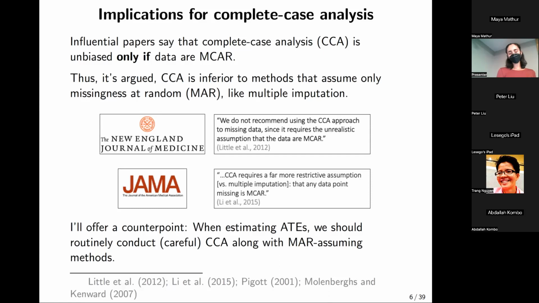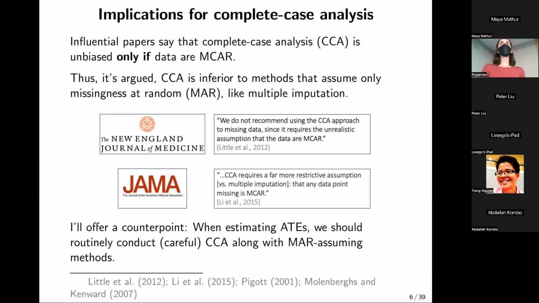For example, there is this New England Journal of Medicine paper saying we do not recommend using complete case analysis since it requires the unrealistic assumption that the data are missing completely at random. Another paper in JAMA more recently said complete case analysis requires a far more restrictive assumption, comparing it to multiple imputation, that any data point missing is missing completely at random.